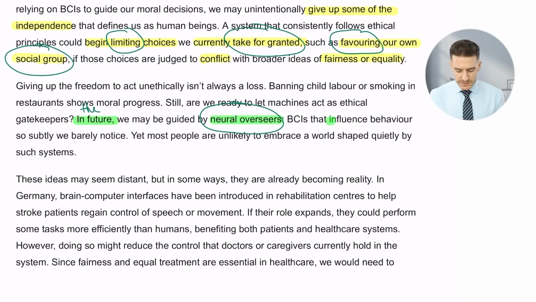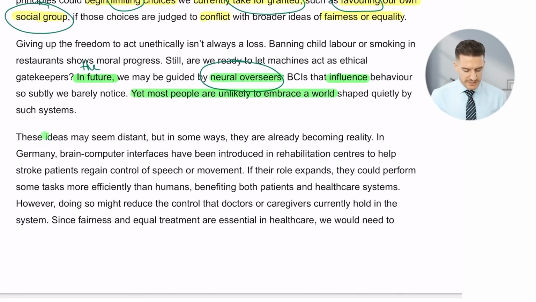BCIs that influence behavior so subtly we barely notice. Yet most people are unlikely to embrace a world, okay, by such systems. These ideas may be distant, but in some ways they are already becoming reality. In Germany, okay, so here's one country.